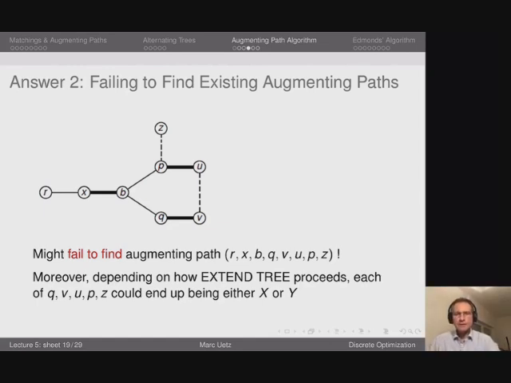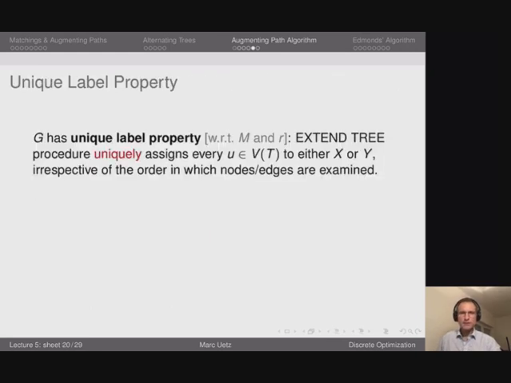As a matter of fact, this is exactly the problem that we come across with odd length cycles, because when this classification into even and odd length distances is uniquely defined, independent of the order in which I process the edges of the graph, then everything works out nicely. So that is what I call here the unique label property.